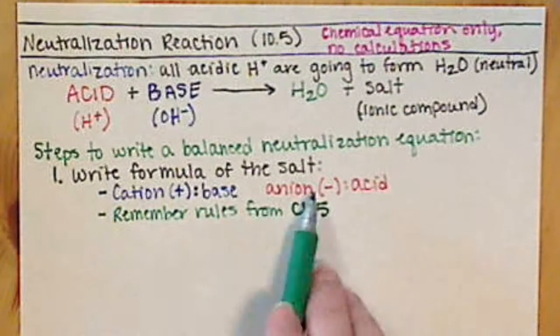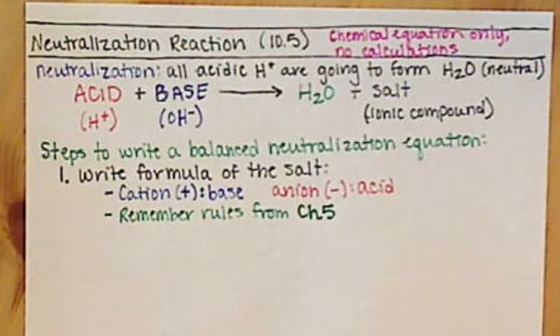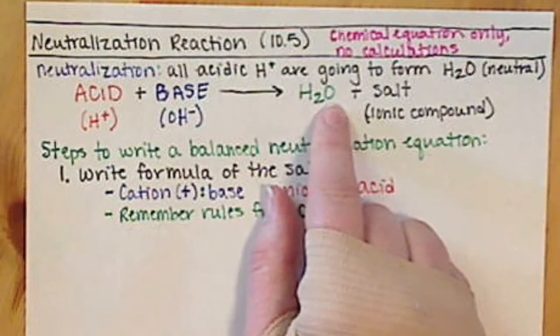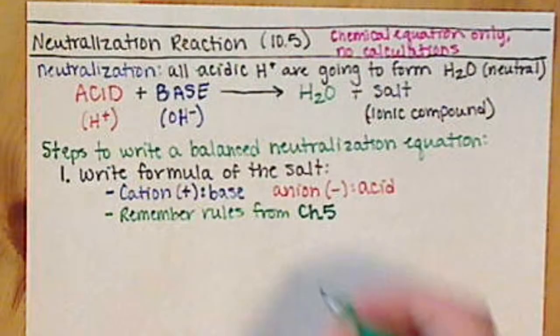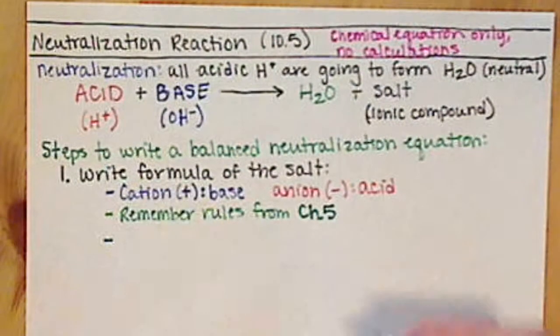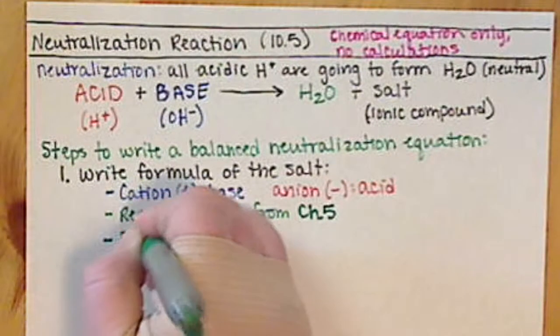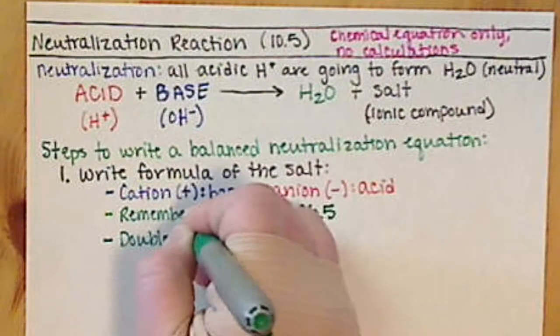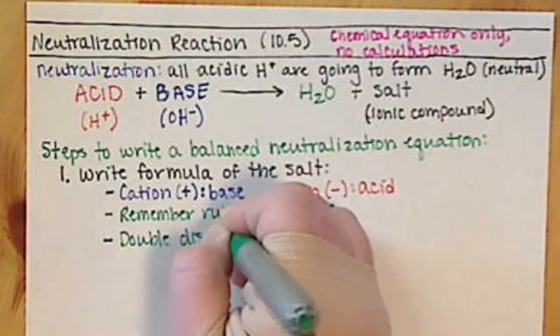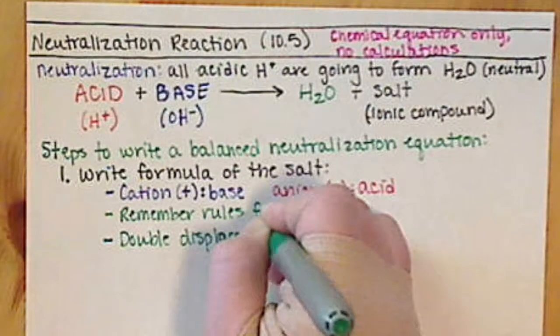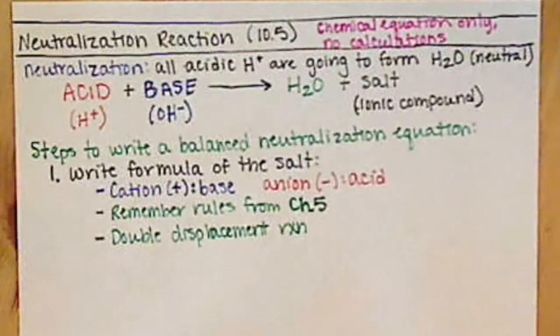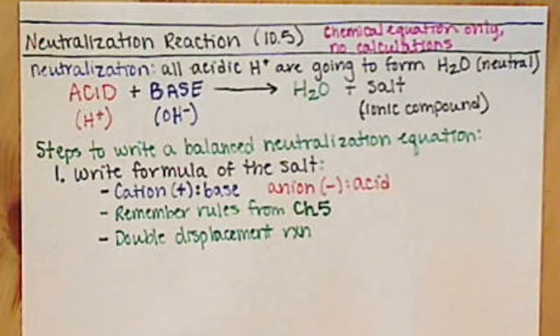We first determine what their charges are, and then we do the cross-charge method to figure out what the formula is. And then what we're left over with contributes to our water. Basically, neutralization reactions are your double displacement reactions, just a special version of that.